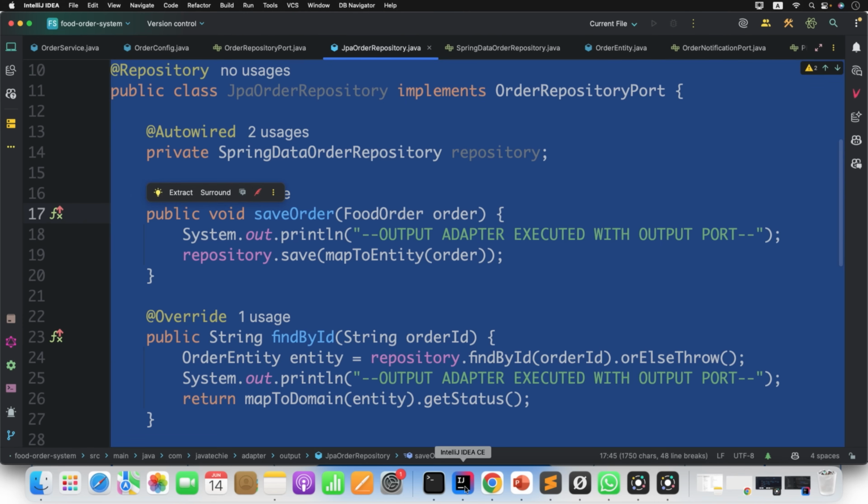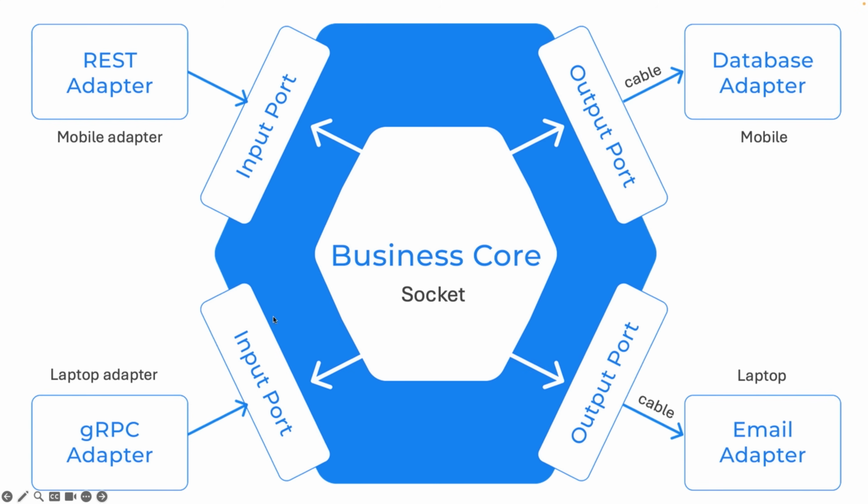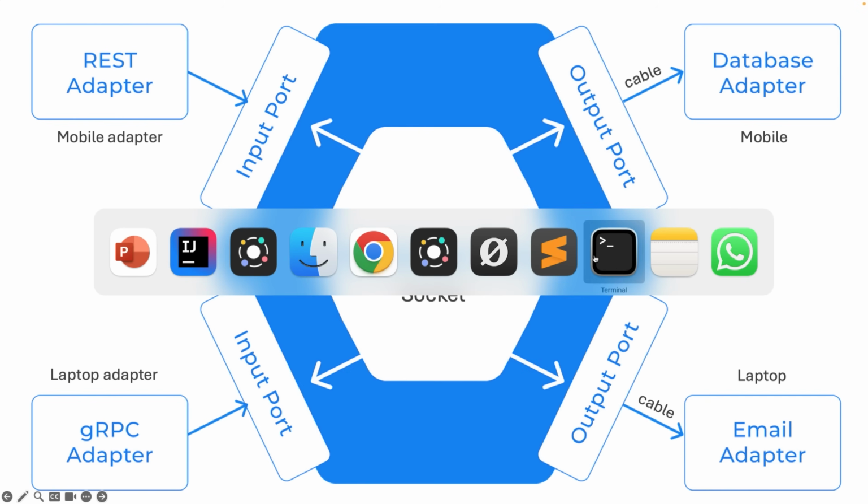Simple thing, guys. If you check the flow again, input port and output port are just interfaces. So the implementation for the input port will be your adapter, and the implementation for your output port is nothing but your output adapter. That is the reason I have just added the log statement for the adapter and core logic.